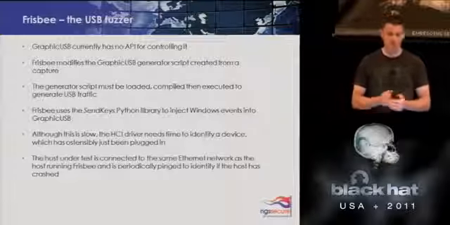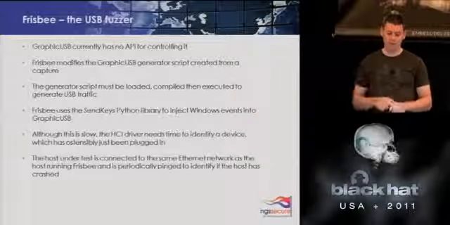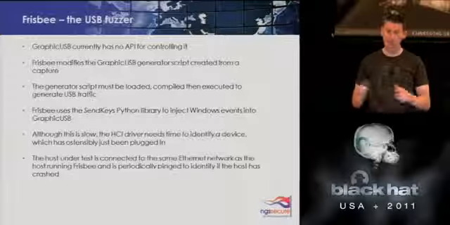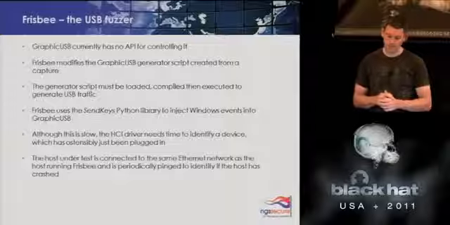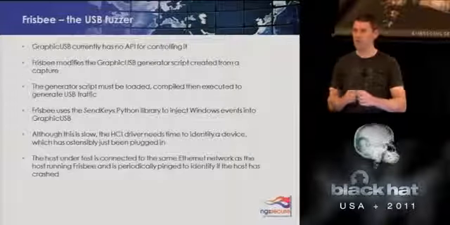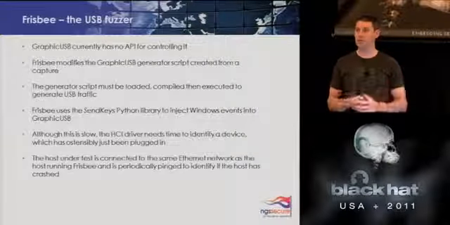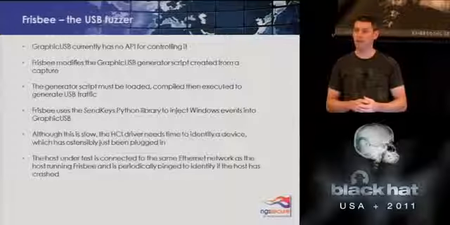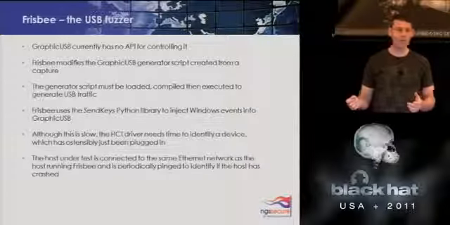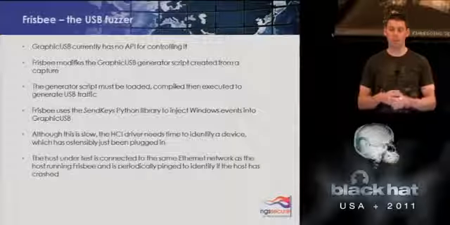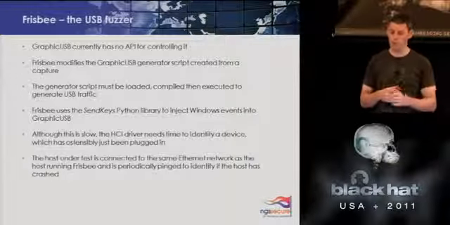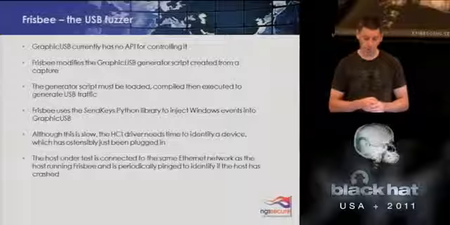What Frisbee does is it modifies the Graphic USB generator script, which we've generated from our initial capture. These generator scripts are just pure text files, so dead easy to manipulate. Then when you load them into the GUI application, it compiles them and uploads them via a control USB connection up to the device where it's executed.